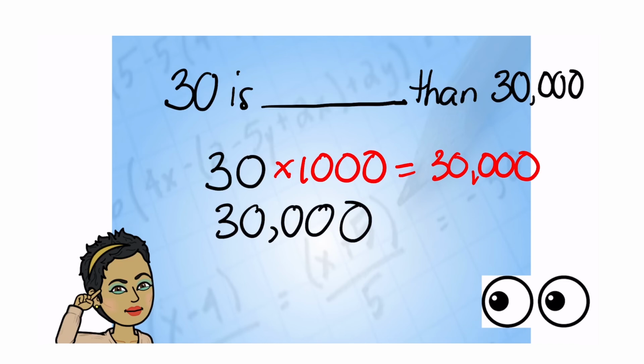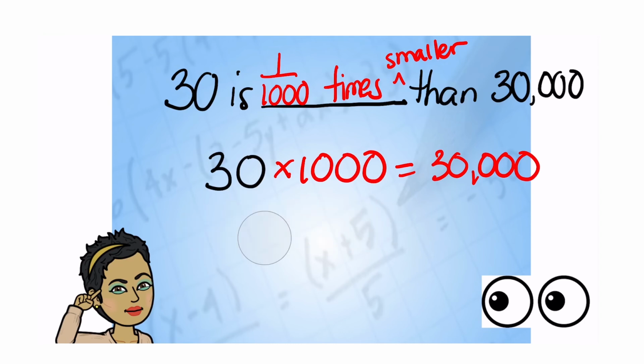So this 30 is a lot smaller than the other one. So it is 1,000 times smaller than 30,000. Okay, so it's not 1,000 times because I would make it very, very big. It's 1,000ths, meaning I'm going to get very, very small. And this is going to be a little bit of a preview of what we're going to do, and I don't mind showing it to you, and it's okay if you don't really get this right now.